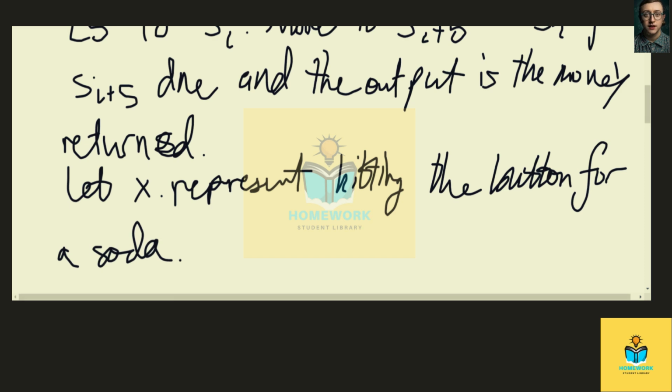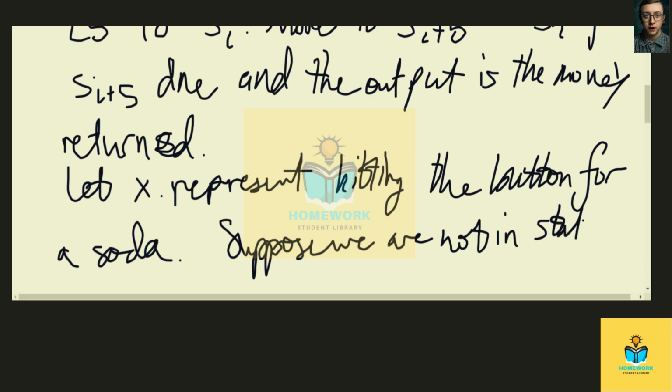Where a button, of course, is represented by an input, and the sodas can be cola, root beer, or ginger ale. Now, if we are not in state S7, hitting the button does nothing.